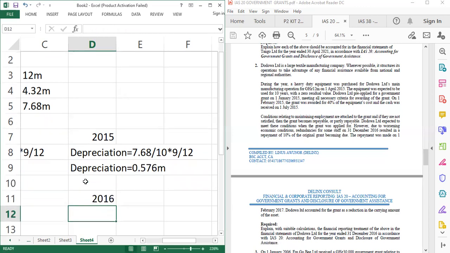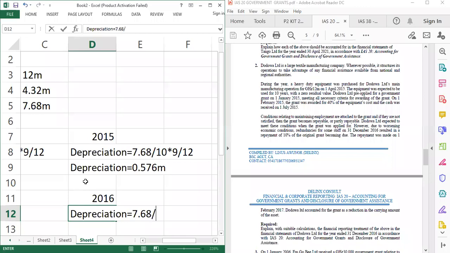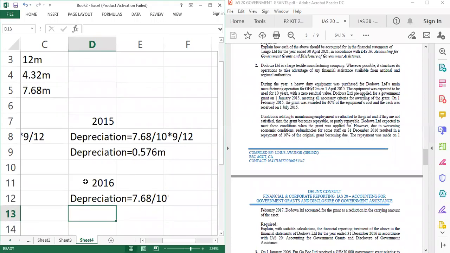Let's count to 2016. What should have been the depreciation if the 10% was not taken? It should have been 7.68 divided by 10, 0.768.